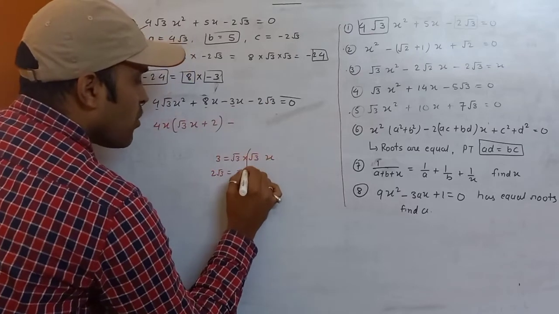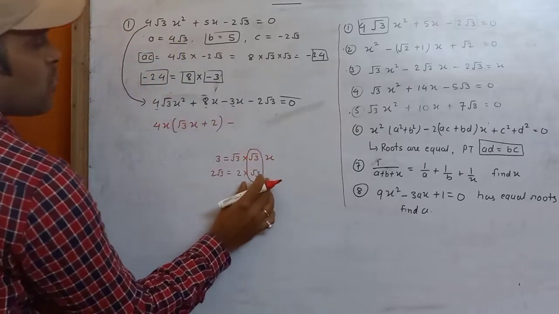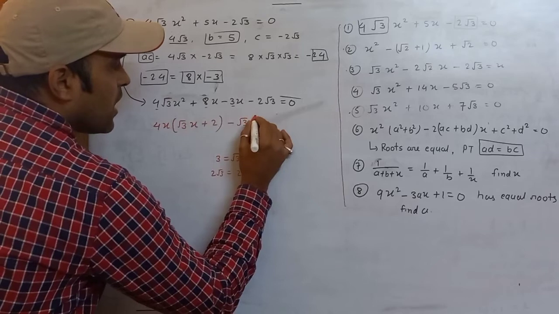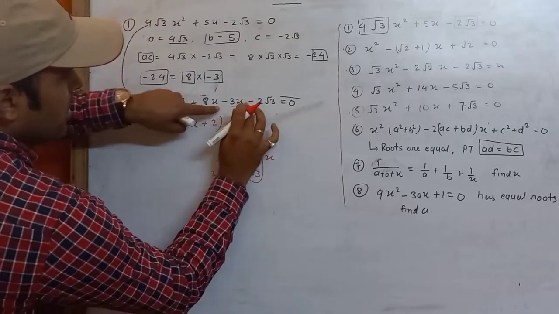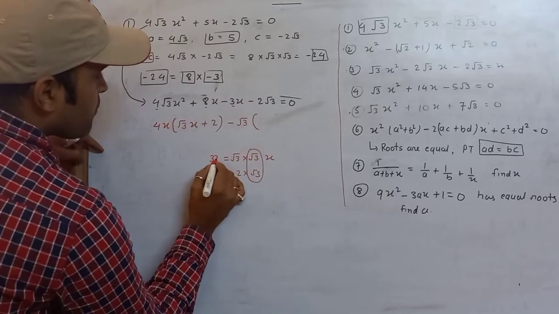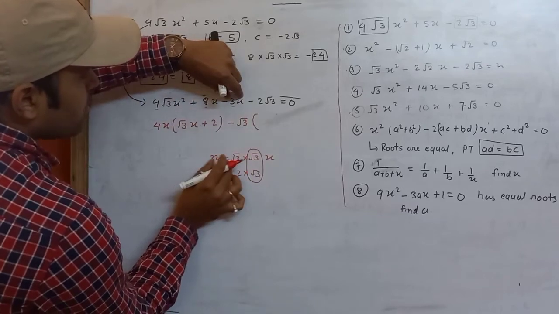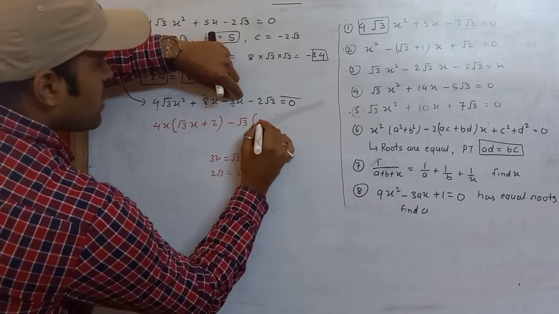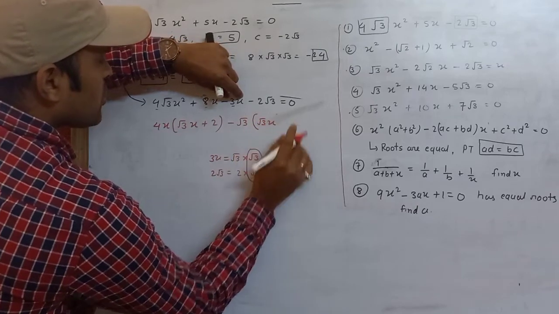What can we take common? Only root 3 will be taken common. In case of 3x, what remains is root 3 and x, because root 3 is taken common, so it will remain root 3x.